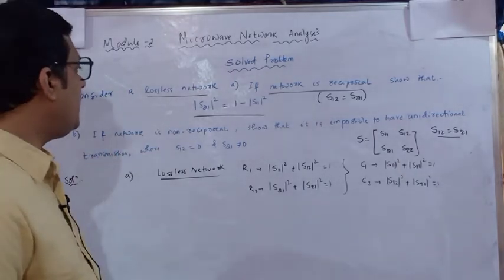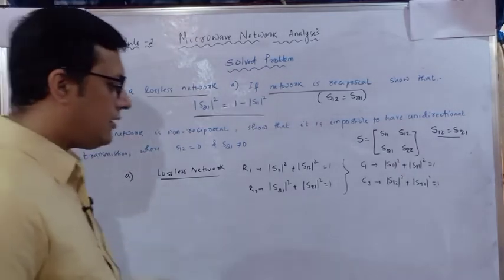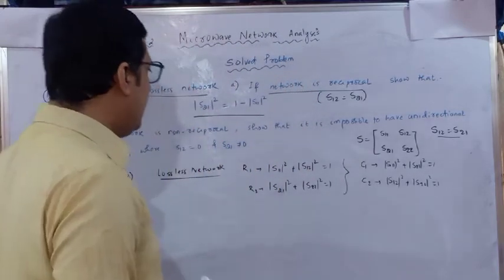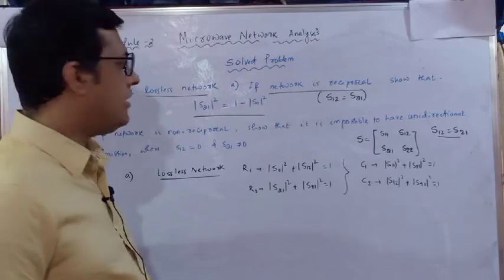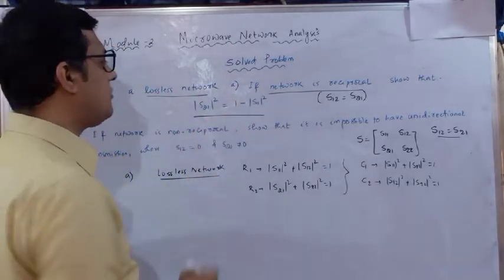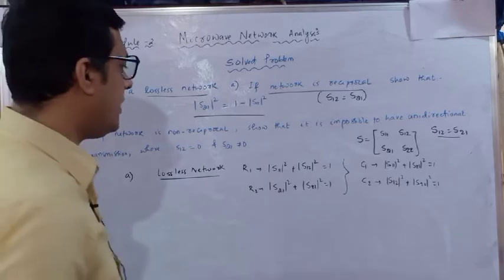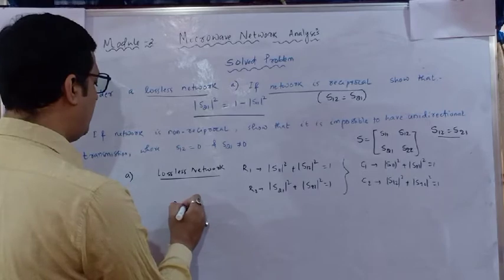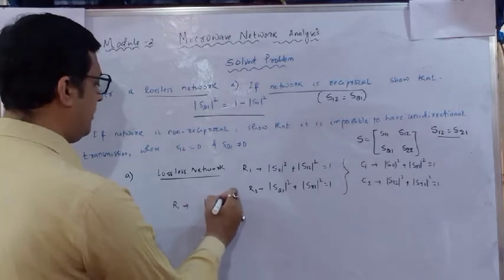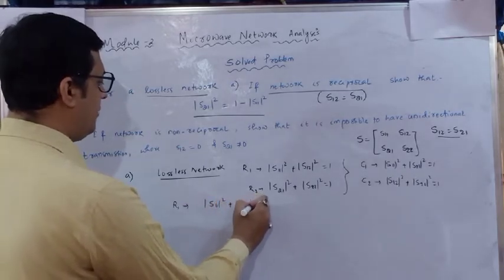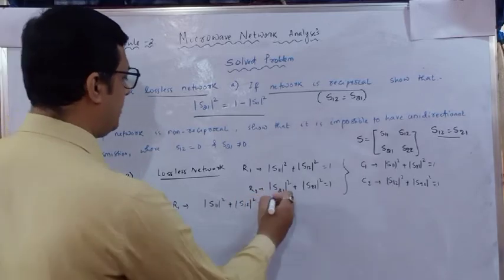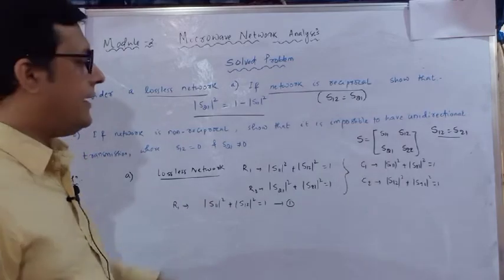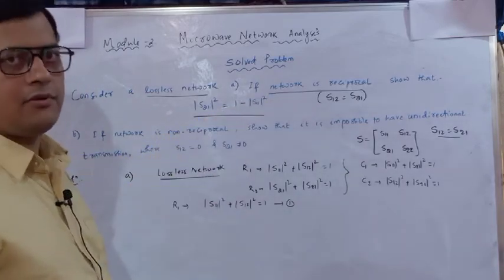Now here the question is given: consider a lossless network in which the resultant is reciprocal in nature and mod S21 square is equal to 1 minus mod S11 square. If I consider row 1, it is mod S11 square plus mod S12 square, which must be equal to 1. This is my equation 1. Now the next condition is given: the network is reciprocal in nature.